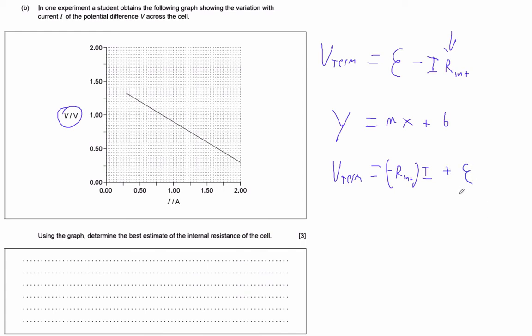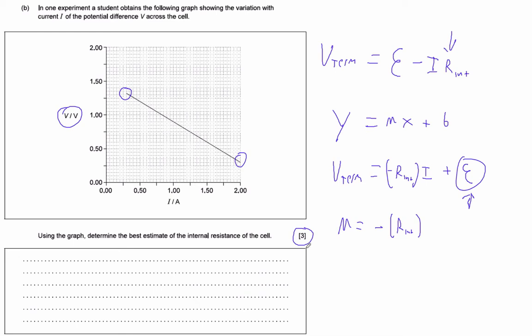That means the y-intercept is the EMF of the battery. The slope of this graph is the opposite of the internal resistance. So just find the slope of this. It's going to be negative, then just make it positive, and that's the internal resistance. Just like the lab, we did this. Hopefully you understand this. I got a number between 0 and 1.